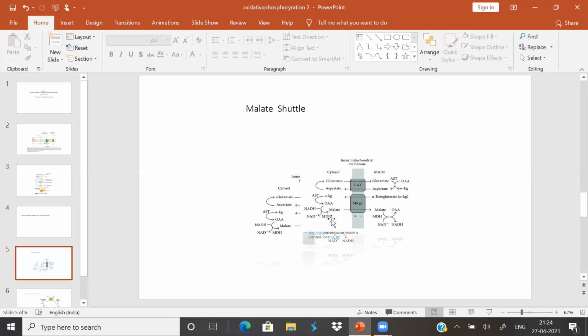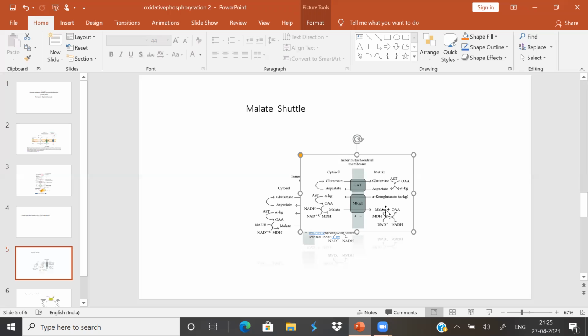Along with this, the NADH is also carried into the mitochondrial matrix as a reducing equivalent. Actually, oxaloacetate and NADH are converted to malate and NAD in the cytosol.